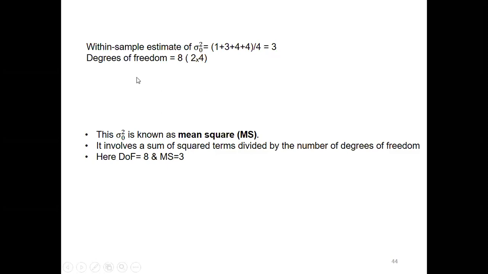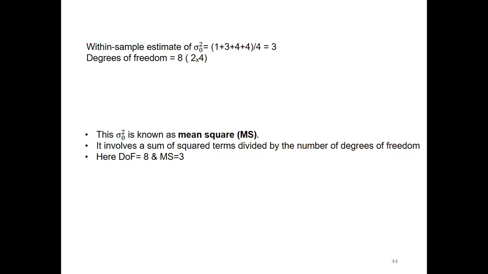Alright, so we calculated the within sample estimate of sigma naught squared. That is 3 and the degrees of freedom is 8. And this variance value is known as mean square. This value, there's a special terminology we use.